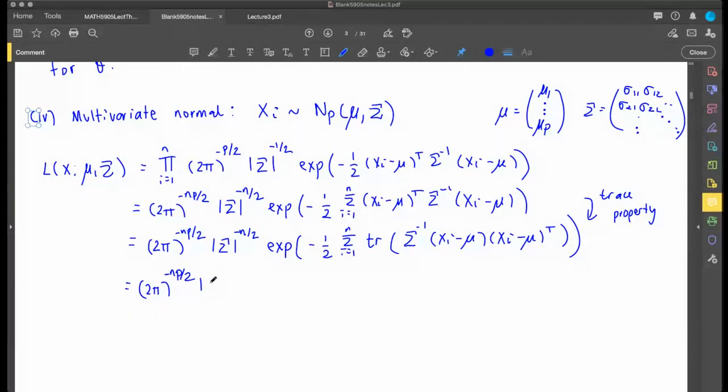So these are all my constants. Nothing can change with these guys. Then I have the exponential of -1/2. And as I said, I can take the trace out and swap it with the summation sign. So I can put the summation inside, and I'll leave it inside the actual expression.